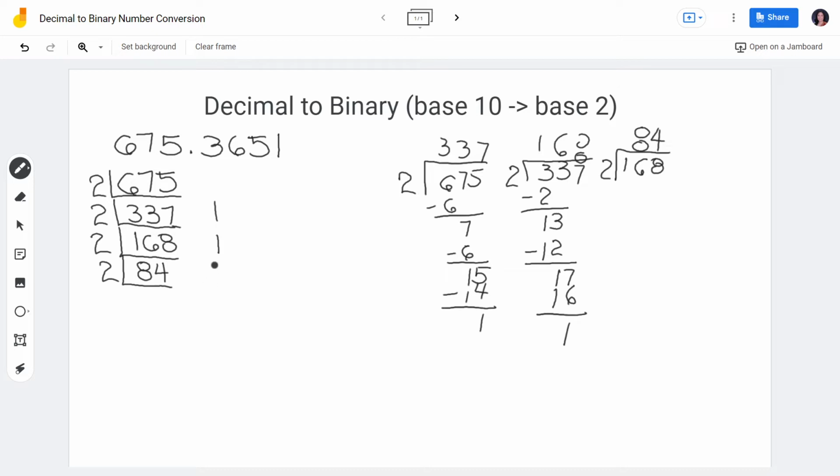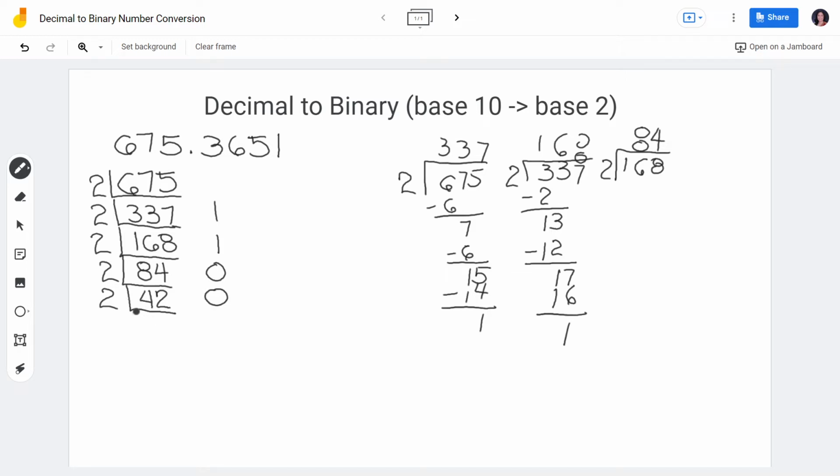If it is an even number, the remainder will always be 0. Next, we have 84 divided by 2. Solving it manually, 84 divided by 2 is 42, and since it's an even number, its remainder is also 0.